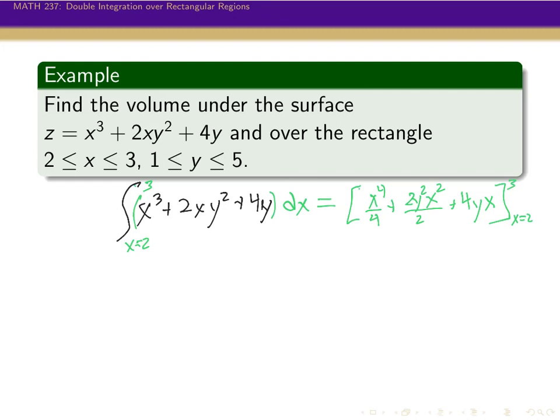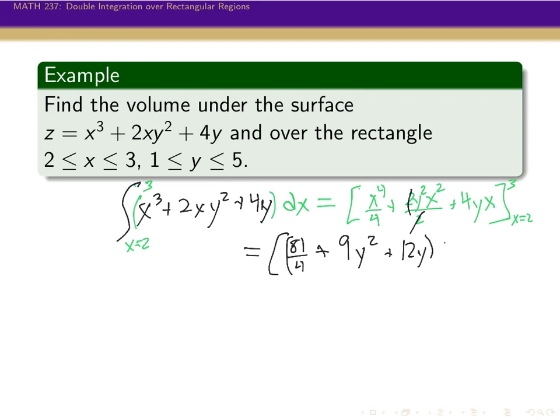And so what do we get out of doing that? So I can cancel off these 2's. So 3 to the 4th over 4 is going to give me 81 over 4, plus plug in 3 for x squared, so then I'll have 9y squared, plus 3 for x there gives me 12y.